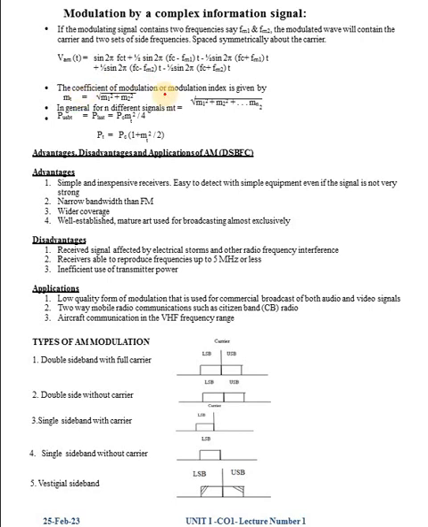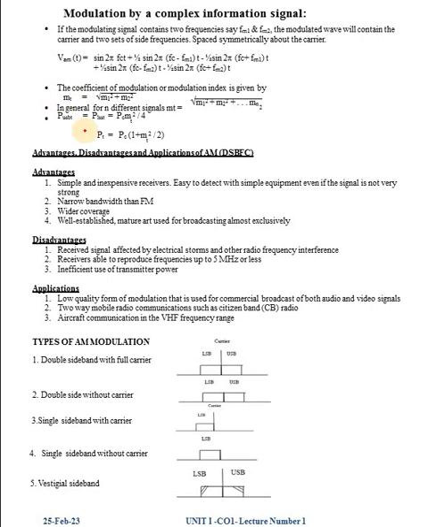The coefficient of modulation or modulation index for this complex information can be written as MT, which is equal to the square root of the sum of the squares of the modulation indices obtained from the different signals. So that is M1 square plus M2 square. Here we have considered only two frequencies, M1 and M2. If you have n signals, then you have to substitute n values. In general, for n different signals, MT is equal to the square root of M1 square plus M2 square up to Mn square.